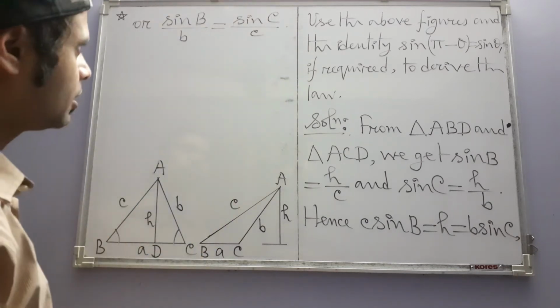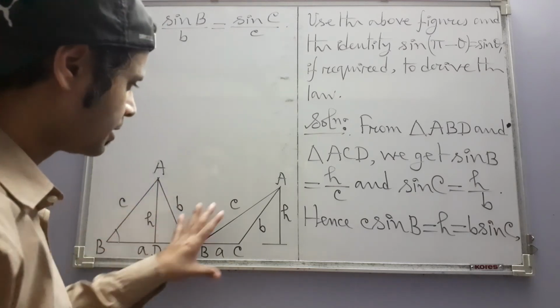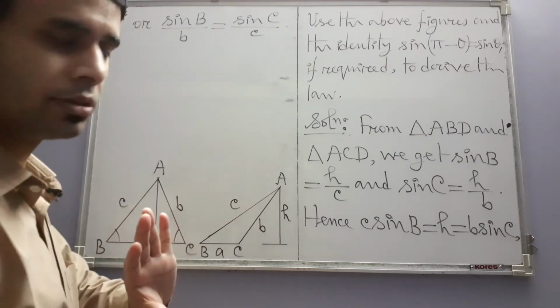Okay, so we seem to have got only a part of what we want, but that too only in this case. So now we have to look at this one also.